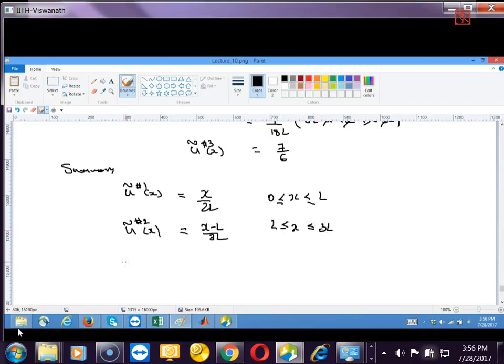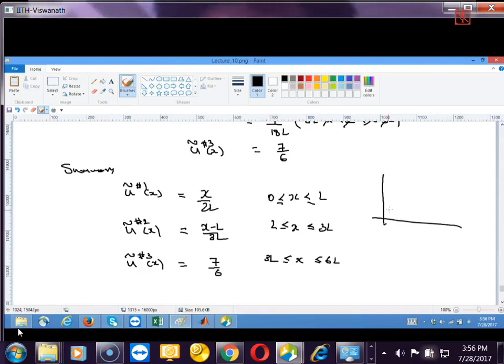And u tilde 3 of x is equal to 7 by 6, with x lying between 3L and 6L. So now you have the solution for all three.